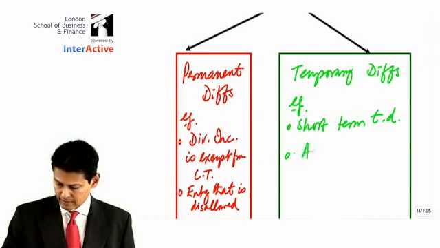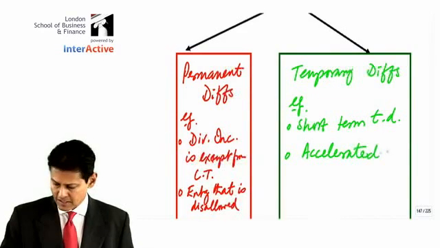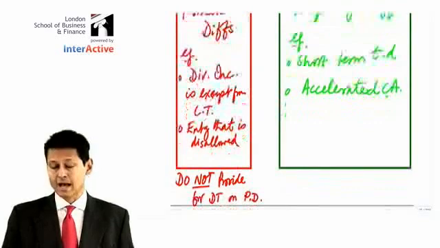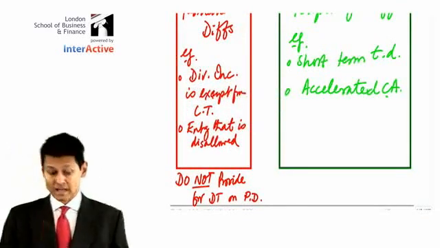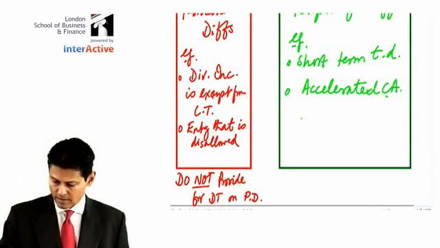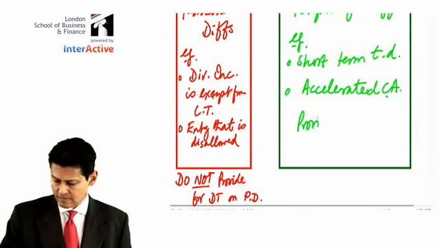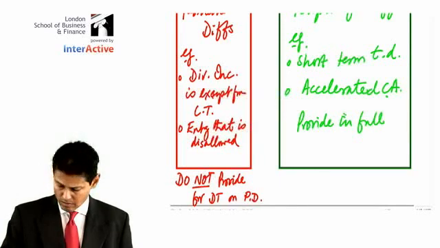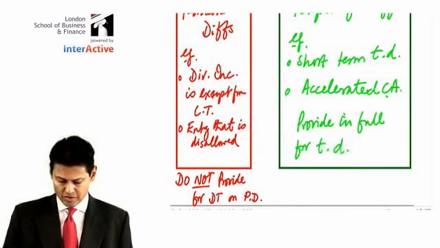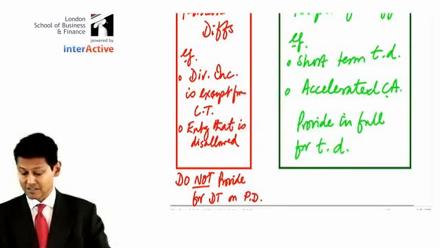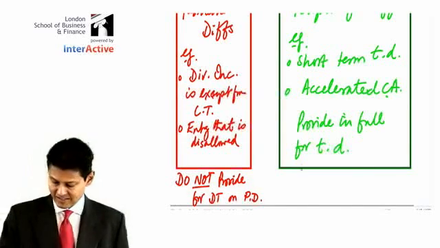Another example, the most likely to be examined, accelerated capital allowances. Accelerated because capital allowances are given by the tax authorities at a faster rate than you get depreciation. And here you provide in full for temporary differences. If you remember, DT is CT on TD.